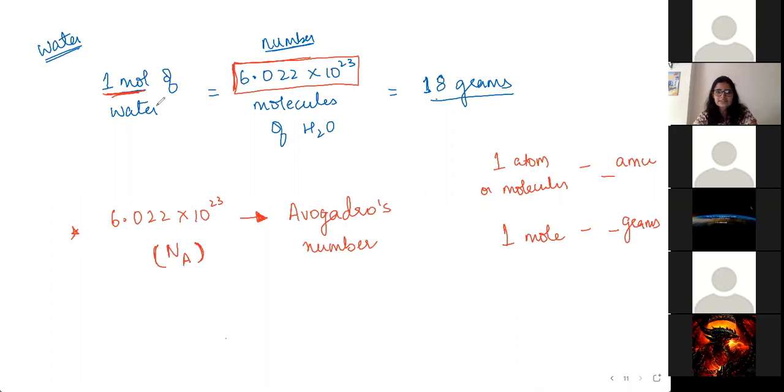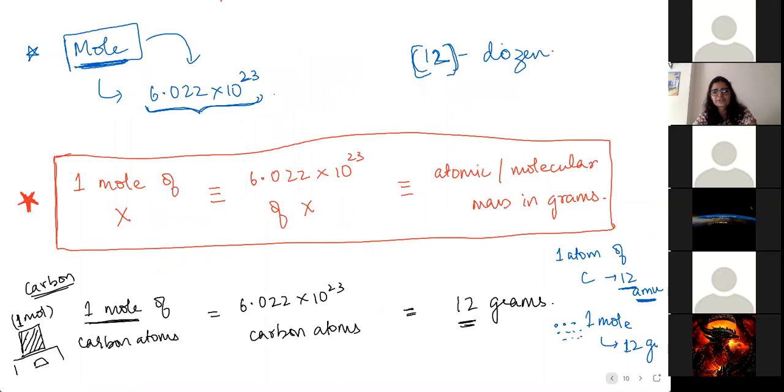But coming back to this, yeah, this relation is very important. 1 mole means 6.022 into 10 power 23. Now this is a number, like number of atoms, number of molecules, that way. And if you are measuring the weight of that many atoms or molecules, it's going to be the atomic or molecular mass in grams.